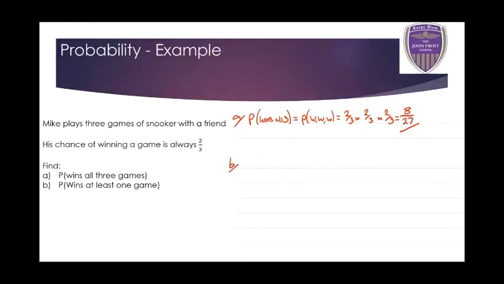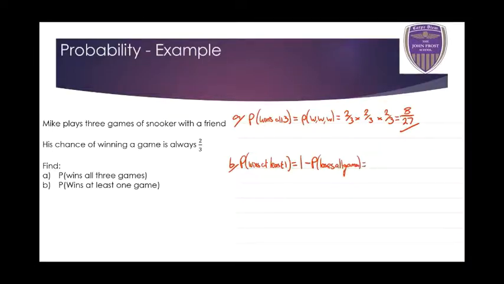Part B. Now we've got this wins at least 1 game again. We've got a little sneaky one here. So P of wins at least 1. Now, we could either figure out the probability of him winning two, winning all three, winning the first and the last one, or we can use our little trick of 1 minus the probability of loses all games.